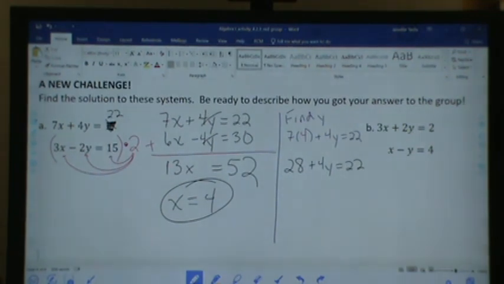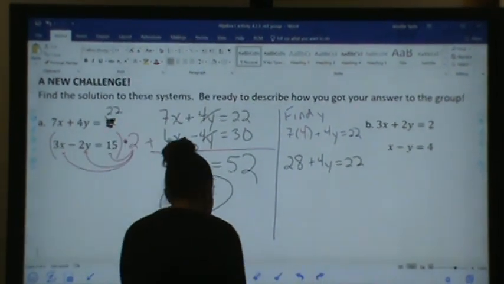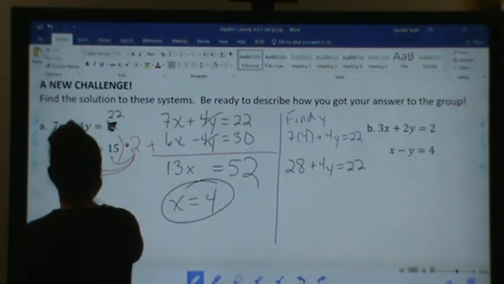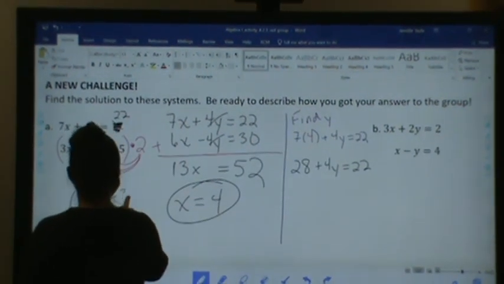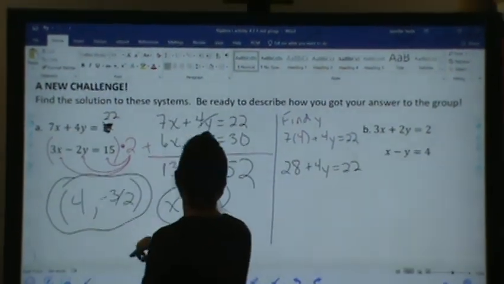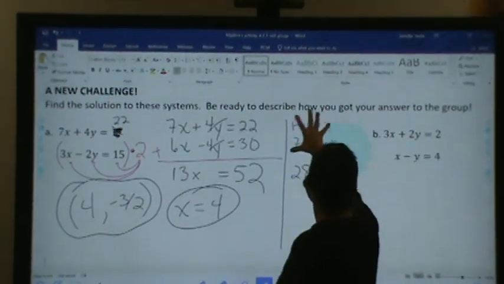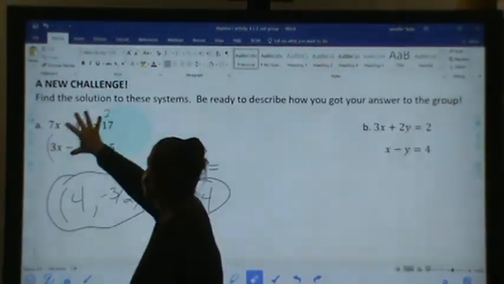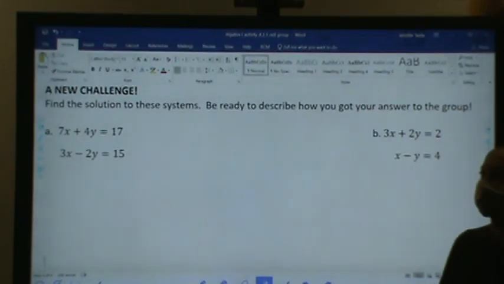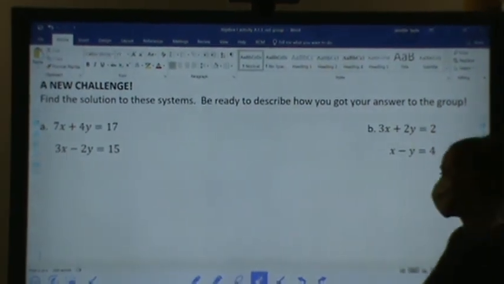All right, you should be getting for this A, which a lot of you have, 4 and negative 3 halves. Or if you put negative 1.5, that works. Okay, what I want you guys to try next is B. Think about what you would multiply by in order to get that answer.